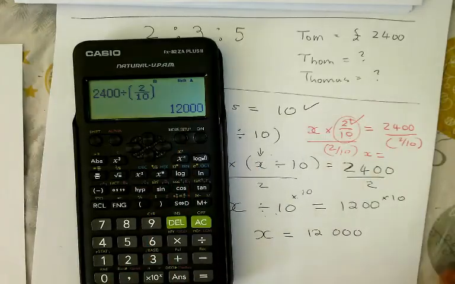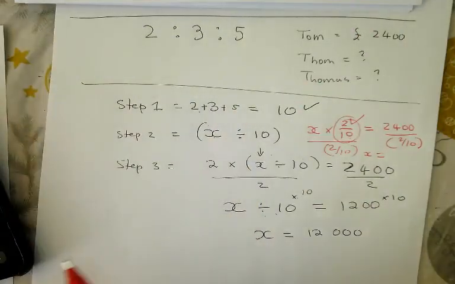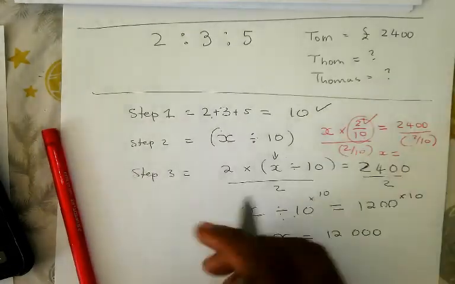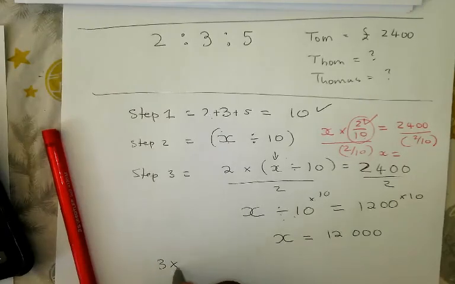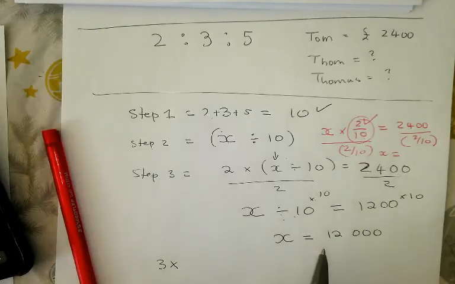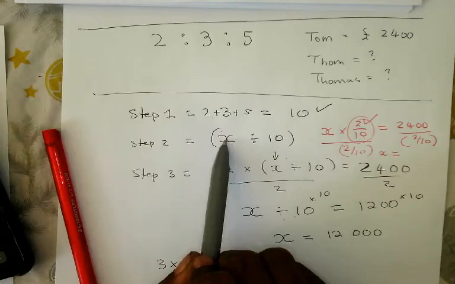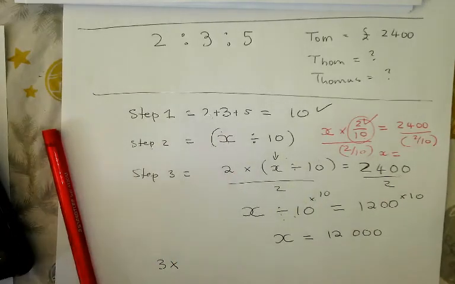And then once we're there, it's easy. I'm going to multiply the second ratio, 3 multiplied by x. Actually, I can take it from there. 12,000 divided by 10 gives me 1,200. So I multiply 1,200 by 3 to get what the second person will get.